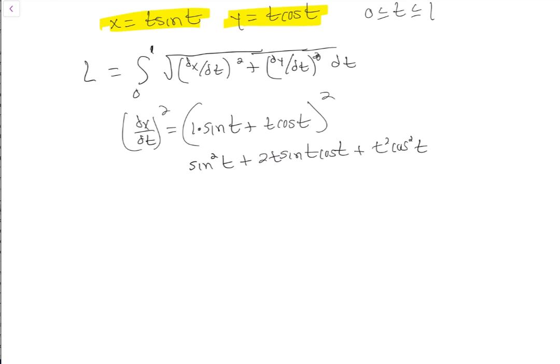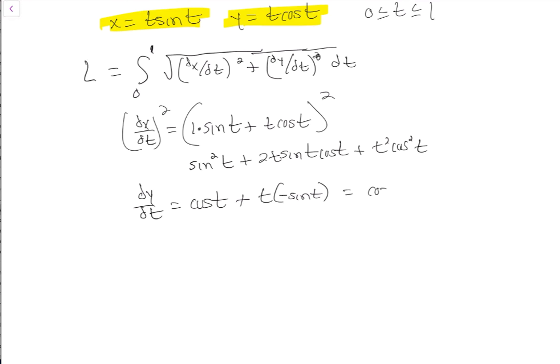So we won't try to clean that up yet. And then let's see our dy dt. So the y equation up there in yellow, dy dt is going to be the same type of thing, product rule: derivative of the first times the second plus first times the derivative of the second.